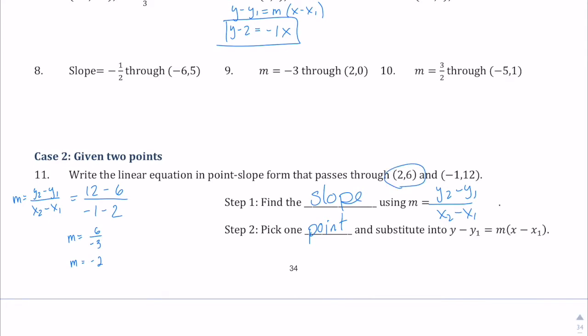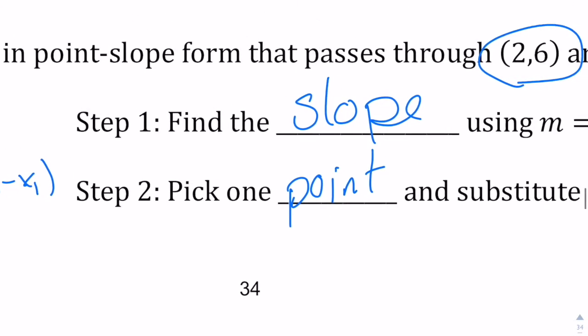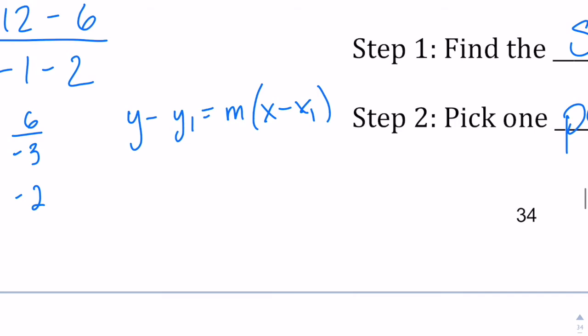Yes, there is another equation for all of these that has the second point. So using the first point, we'll plug into y minus y1 equals m times x minus x1. We just found that our slope was negative 2, and this point is the point 2, 6. So we have y minus 6 equals negative 2 times the quantity x minus 2.